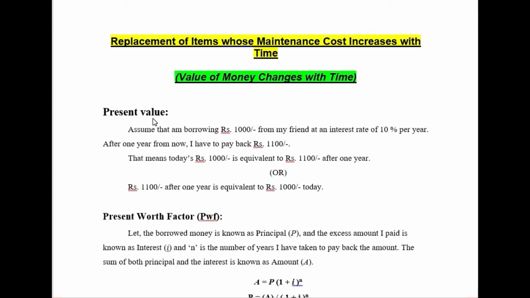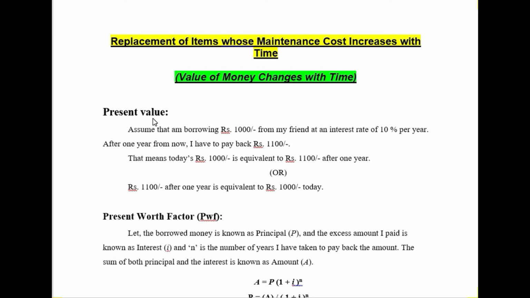Here I am going to tell two contradicting statements. First one is from my friend's side. He has lent 1,000 rupees, and he has got 1,100 rupees, which means he has got an extra 100 rupees.